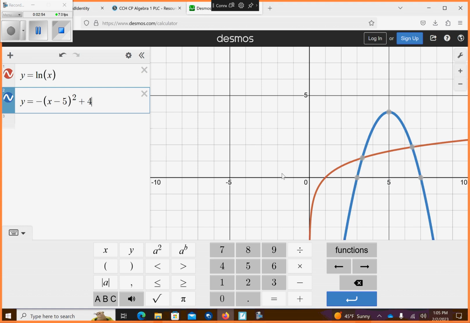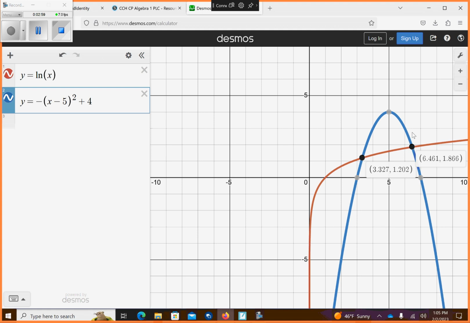And what we want to know is, where do these intersect? Well, the two real obvious intersections are those two x values. The 3.327 is one answer, and the 6.461 is the second answer. But the question might come, will this intersect? I can see that the parabola intersects there, but is it possible that as I'm going straight down, the blue line going straight down and the red line going straight down will eventually cross each other?